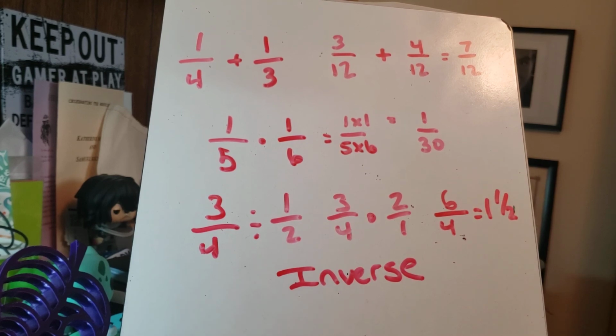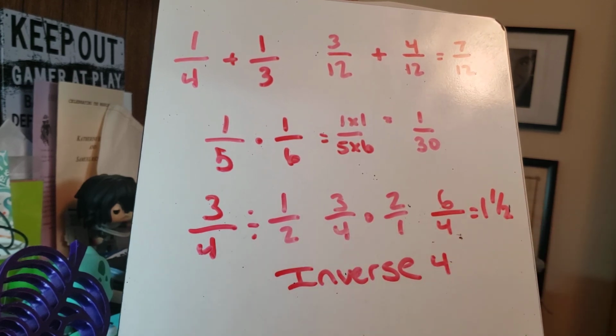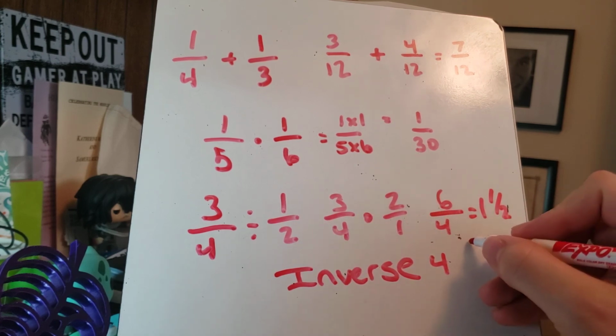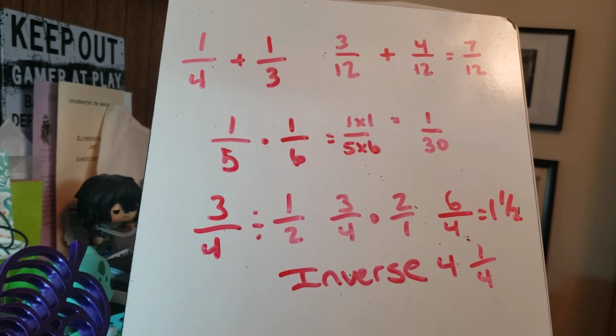So if you ever see the word inverse in your algebra book, inverse is just flipping it. So you're flipping the fraction over. You can also invert whole numbers. So for instance, if we needed to ask for the inverse of 4, you would just put 4 in the denominator spot. So the inverse would be 1/4.